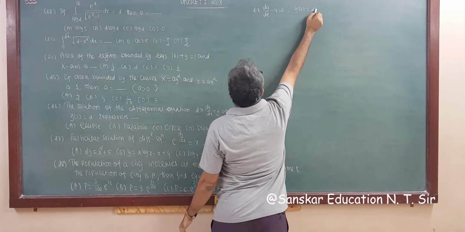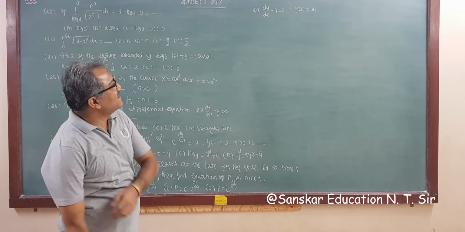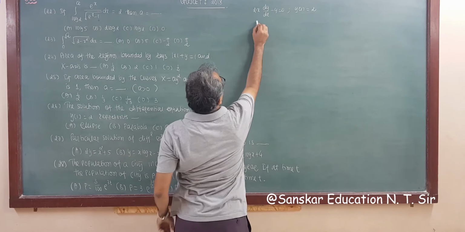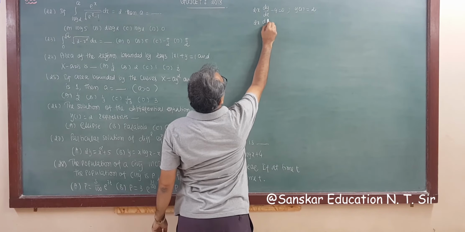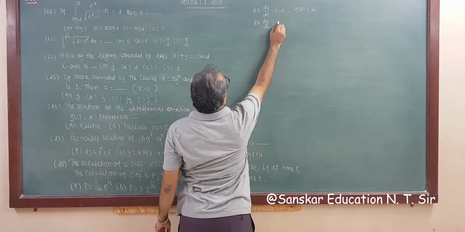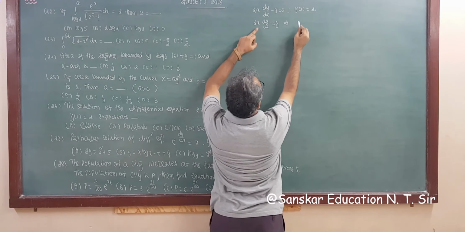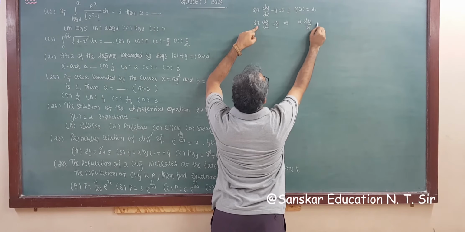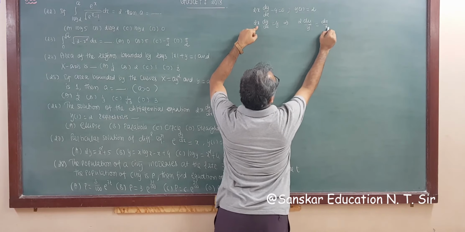Now if we take y to the right hand side, this equation becomes 2x dy by dx is equal to y. So this implies 2 dy by y is equal to dx by x.